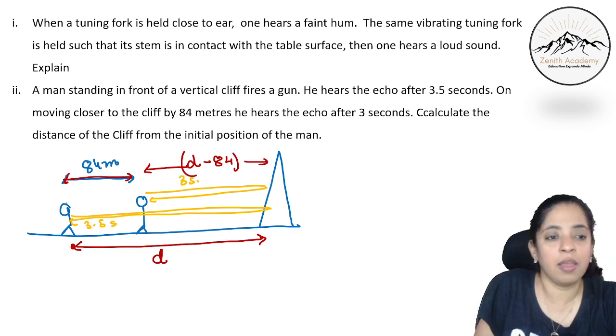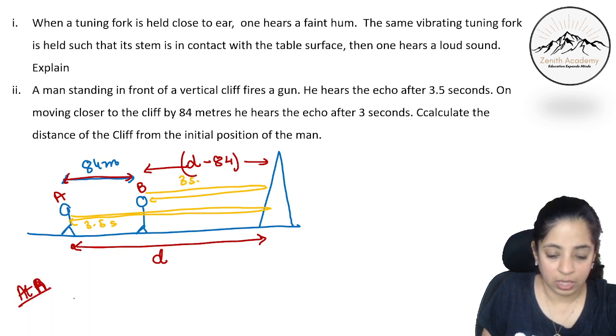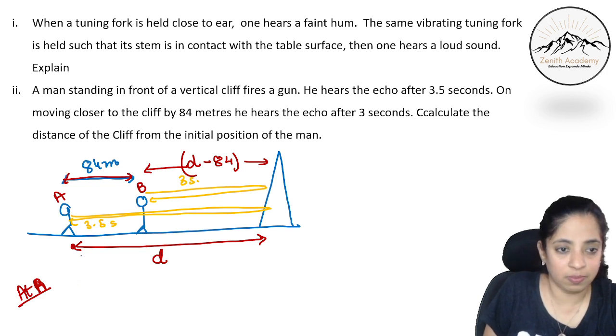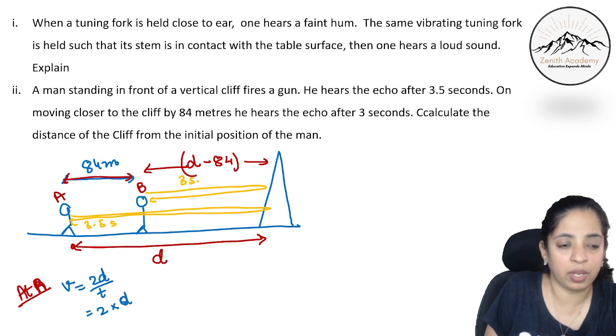Isn't it? So now if this is position A and position B. So at position A, now speed will be what? Speed will be 2D by T. So twice into... now the distance is the full D. Here the distance is full D. This is the distance at A, and upon time.